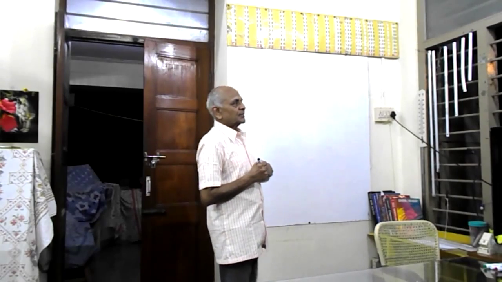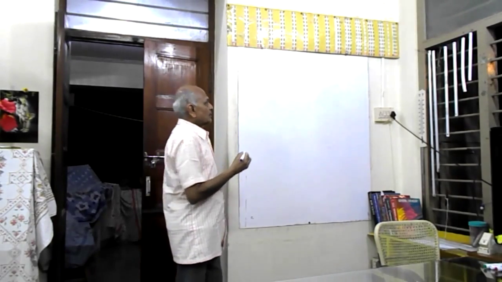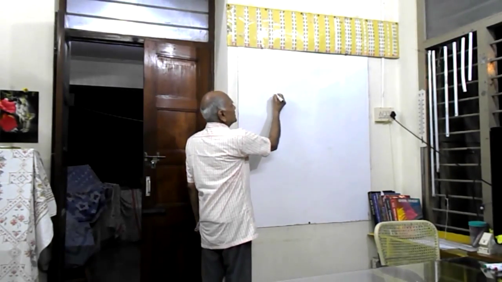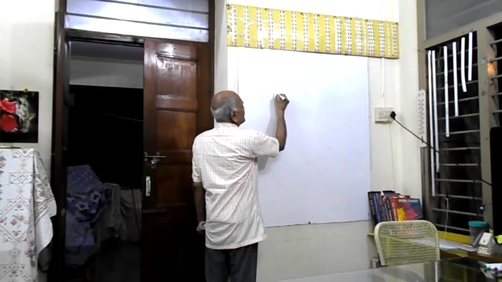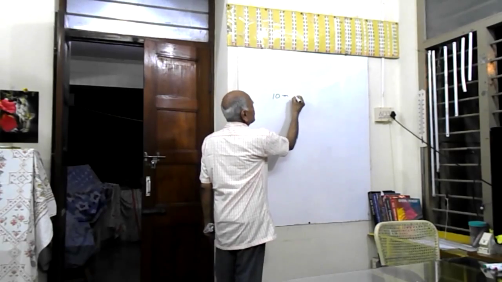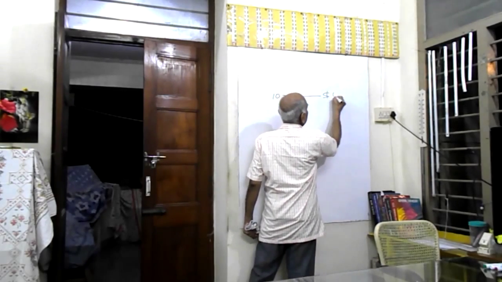Here I want to warn you. There are two types of relationships. You should not confuse them. Now I will explain that. What are the two types of relationship? There are 10 meters of cloth, cost we said $40.